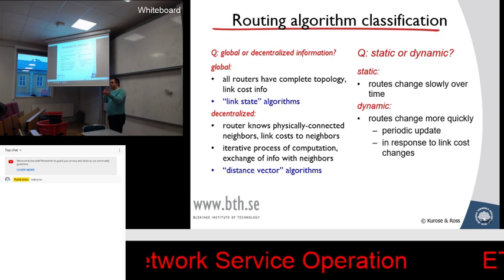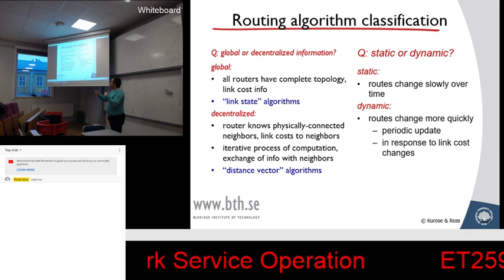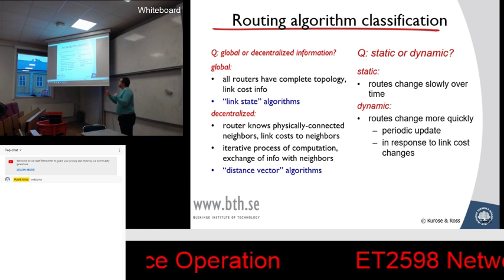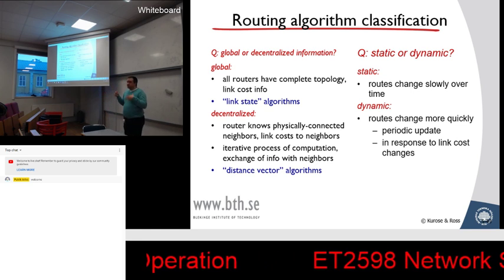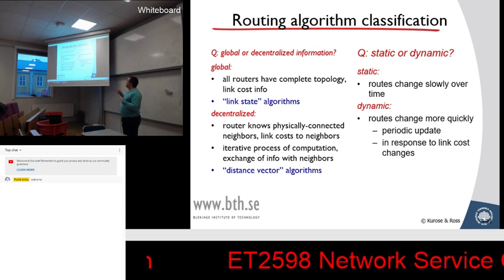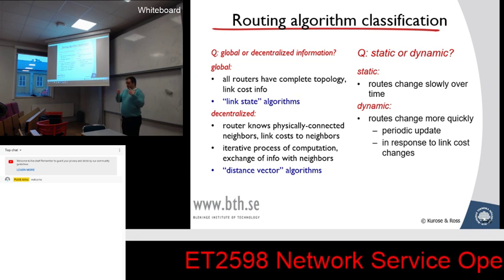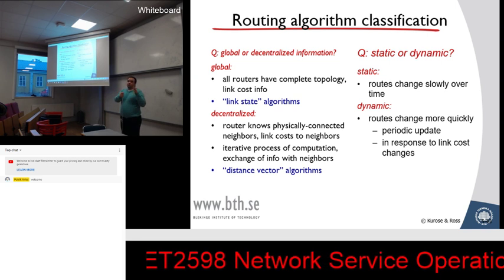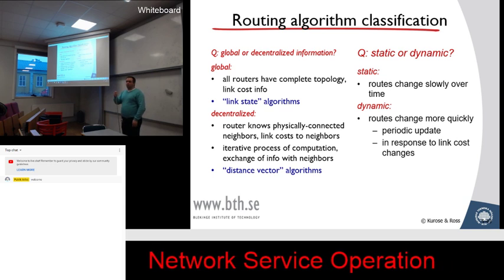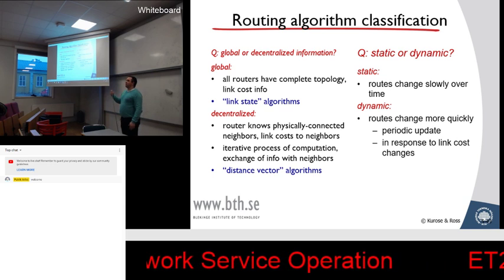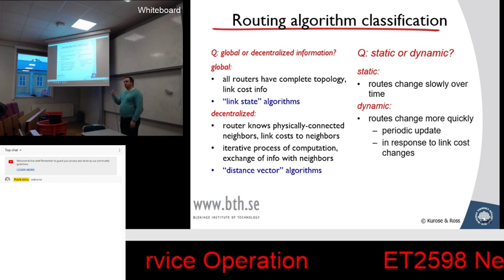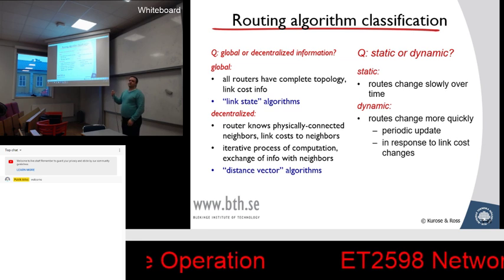So we have global or decentralized. The other viewpoint is static versus dynamic. Static, basically, means we set our routes in the beginning and then we don't change them, or we change them so infrequently that it's something we can do only when needed.